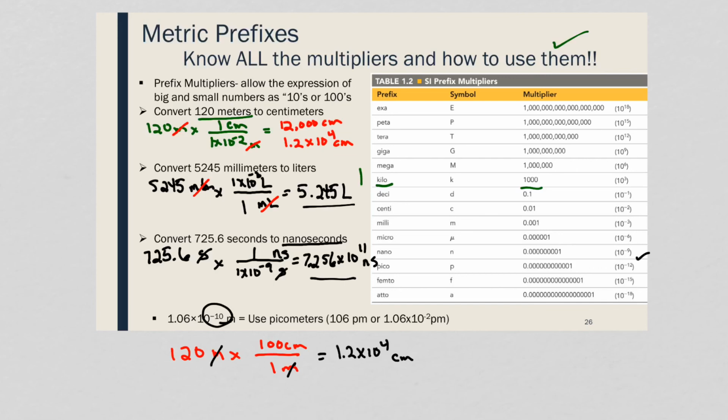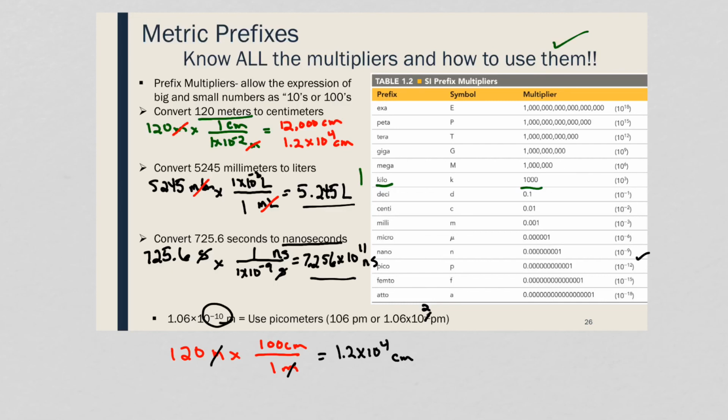So pico is 10 to the minus 12th, so it's going to give me hundreds of picometers. That's what we end up with, so this would be equivalent to 1.06 times 10 to the second, this should be positive 2, picometers.